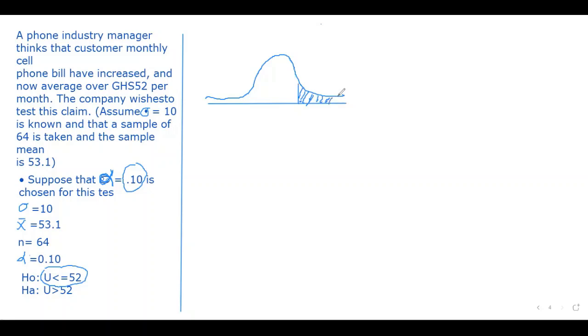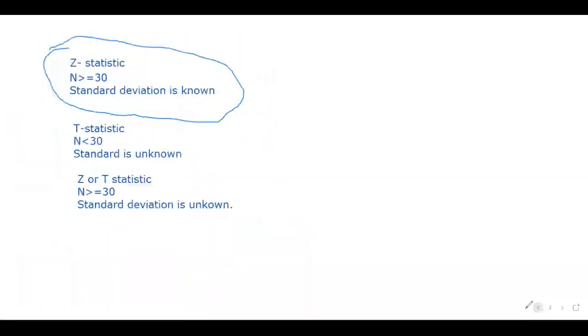So you now ask yourself, which test are you going to use, a T test or a Z test? I showed you the rules here. For the Z statistic, make sure the sample size n is greater than or equal to 30 and the standard deviation is known.